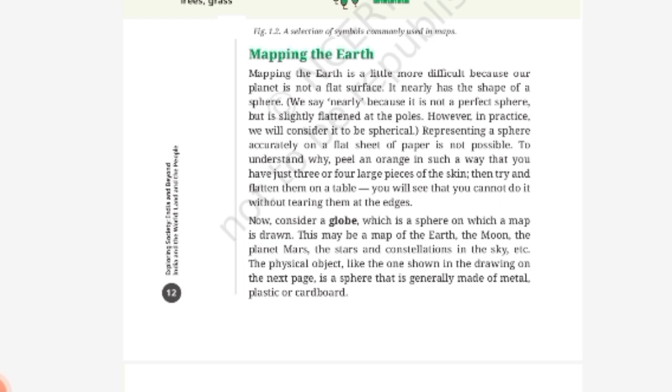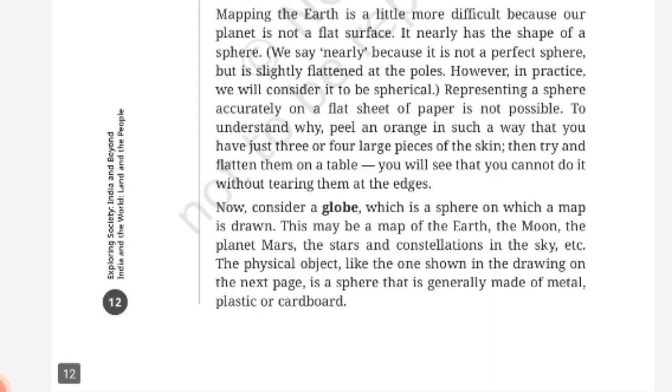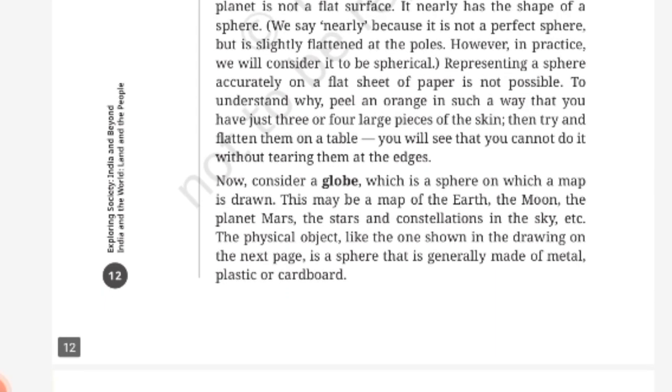Representing a sphere accurately on a flat sheet of paper is not possible. To understand why, peel an orange in such a way that you have just 3 or 4 large pieces of the skin, then try and flatten them on a table. You will see that you cannot do it without tearing them at the edges.